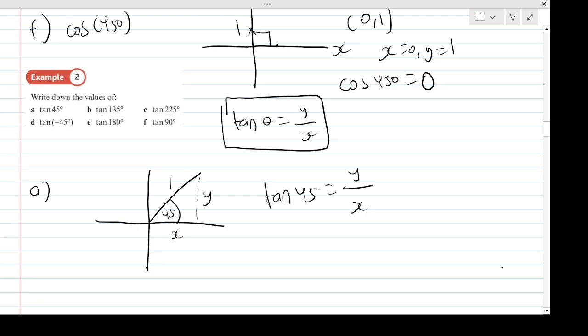Okay, well, this is where we need to be a bit algebraic, because think about this triangle we have. We have 45 degrees, and this is 1, the hypotenuse. Now, if it's 45 degrees, that's in the middle of the quadrant, right?